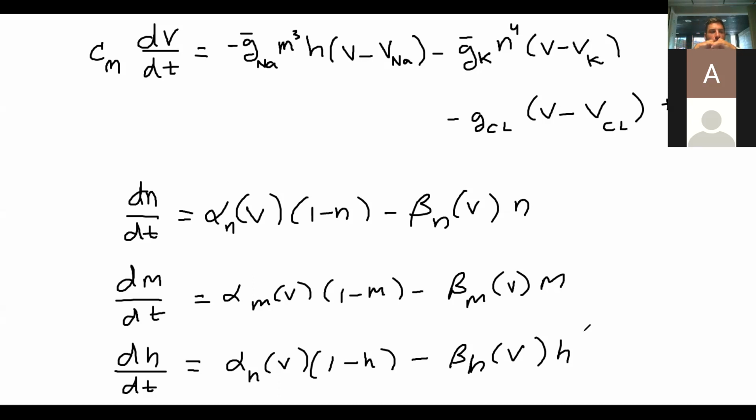Before we tell you what they are, let's also remember that if you take your time to slowly think about what's happening here, what does n mean? What does m mean? What is h? What do these letters represent? What do these derivatives represent? Because remember, we're studying change. We're asking ourselves what happens to one thing as time progresses.